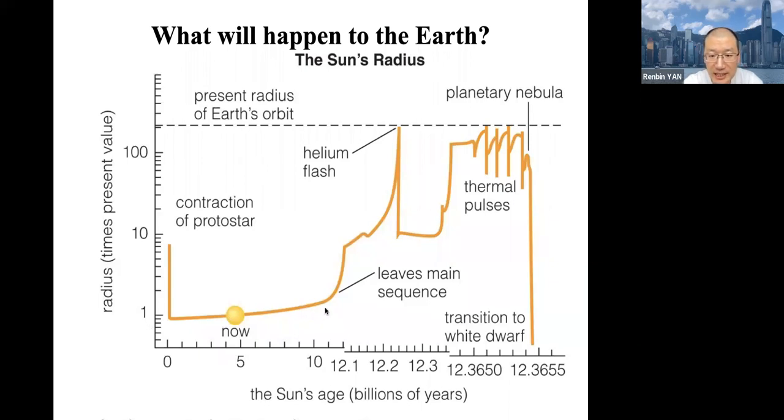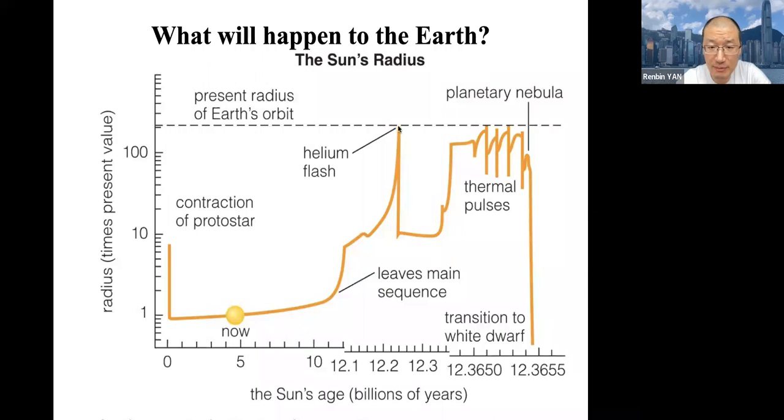And then all the later stages are much faster compared to the main sequence lifetime, so that you can see in the horizontal axis, we actually have to expand the axis, we have to zoom in on the axis in order to reveal those stages. So this is the red giant stage, where the star gets much, much bigger until the radius becomes like 200 times bigger than it is now.